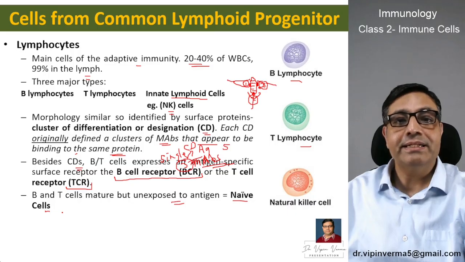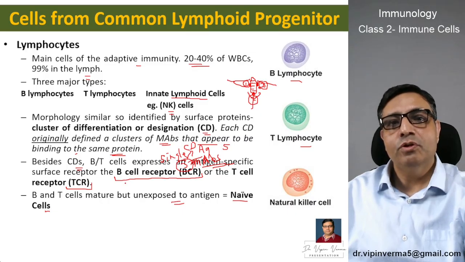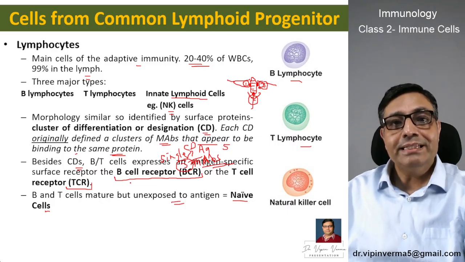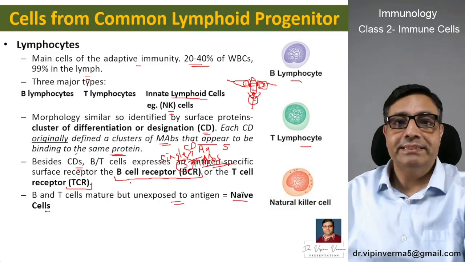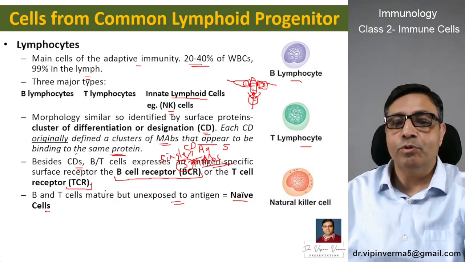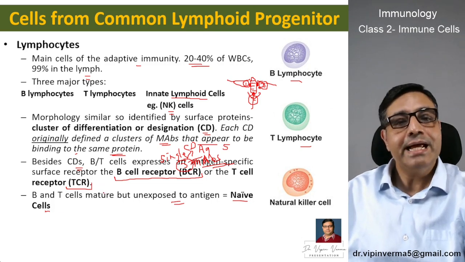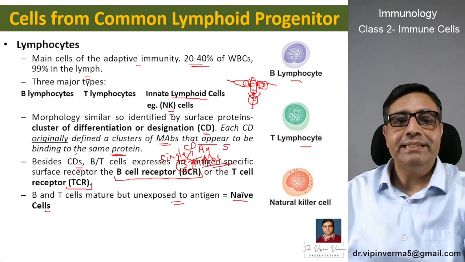The B cell receptor is the same antibody which is released by the effector cells: the antibody in the secretory form, when it is on the membrane, is known as the B cell receptor. The T cell receptors are unique receptors which we will come to know, and they also have a high level of diversity and specificity to antigens.